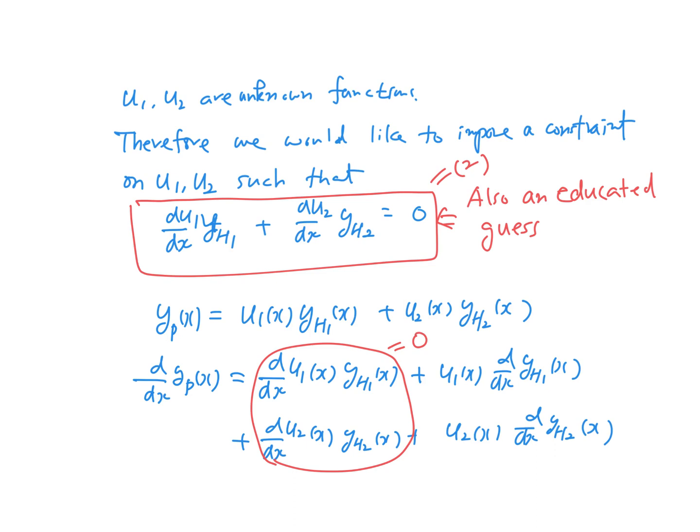By assumption. So before we try to find a solution, we make an assumption for the constraint such that du1/dx y_h1 plus du2/dx y_h2 is 0. So don't ask me why; we just set the condition. It's the educated guess for the condition. Then if we differentiate y_p(x), this part is 0, right? So the surviving term is this.